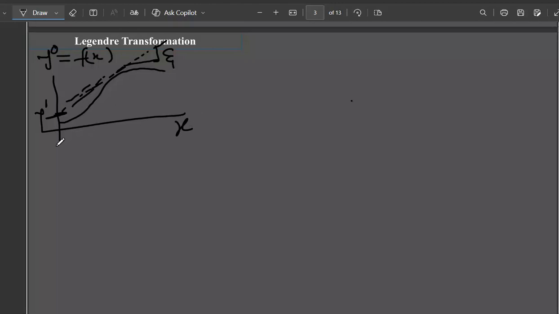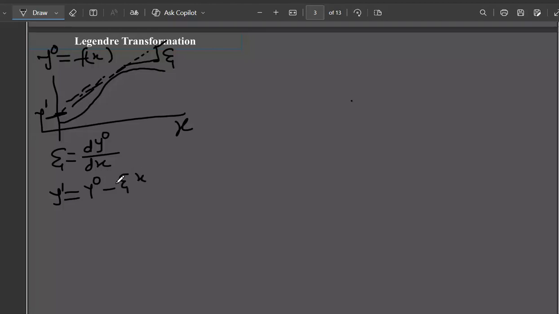So here we know what zeta is. Zeta is dy0 upon dx. According to the above graph, we write the equation of the line as y1 equals y0 minus zeta x.